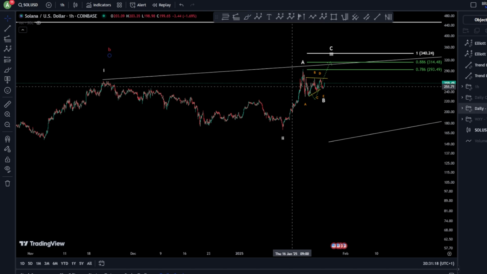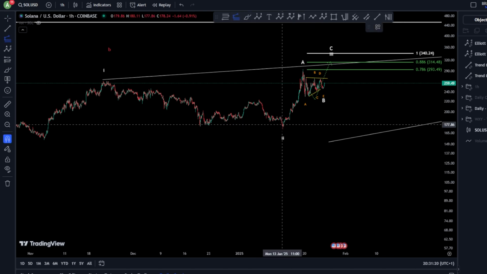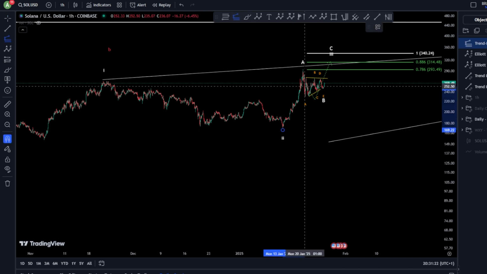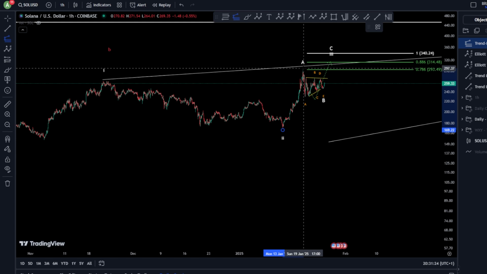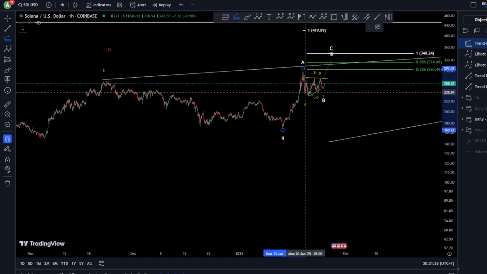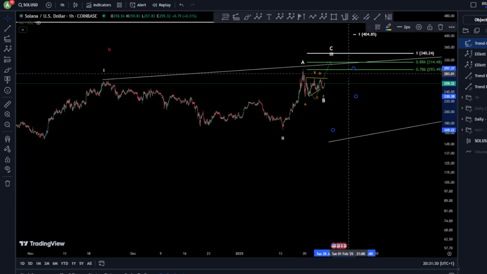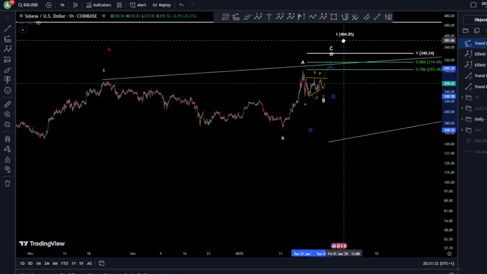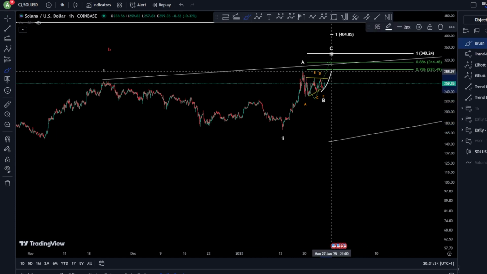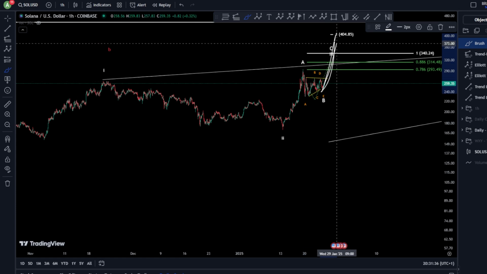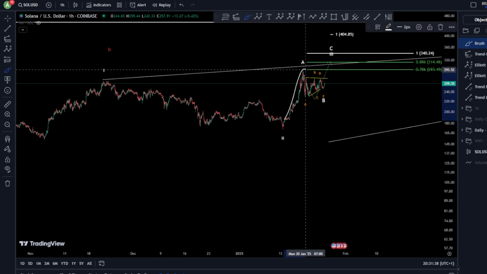But if we get something like this, which is ABC here as a zigzag, remember if you take your target here, let's take the lowest for this correction, your 1-to-1 is 404. And that means your wave 5, which can be extended or not even extended, is a normal wave C here, right?